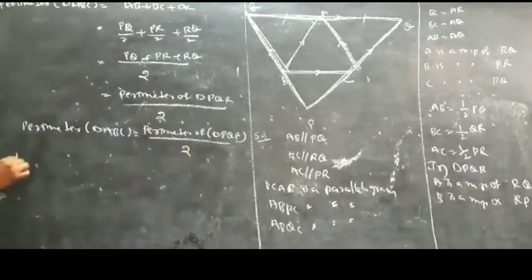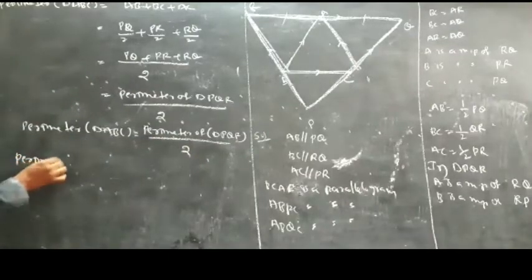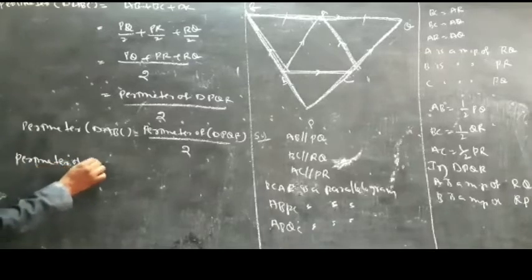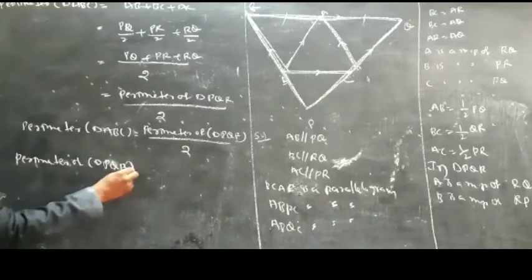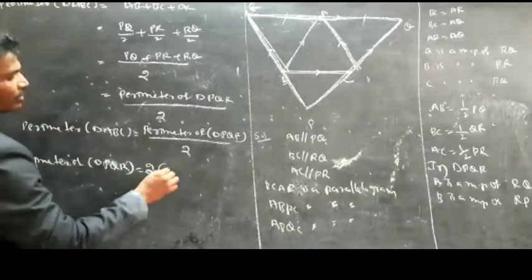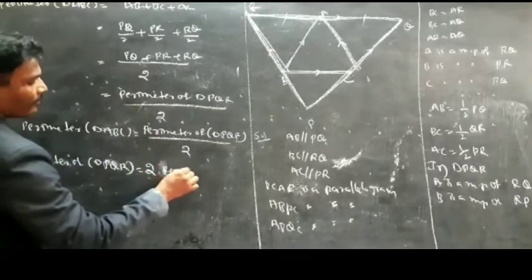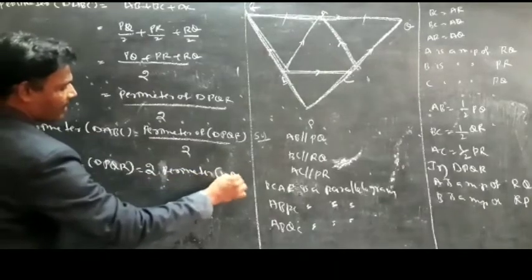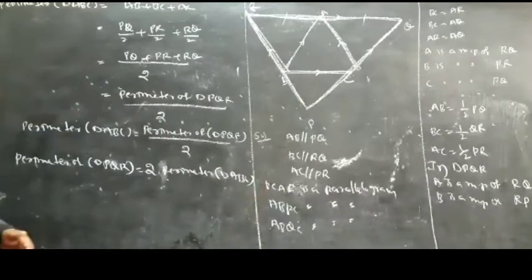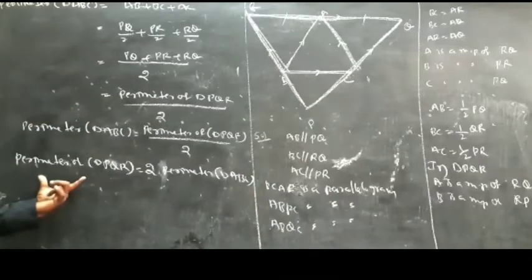So finally what can we conclude here? The perimeter of triangle PQR is double the perimeter of triangle ABC.